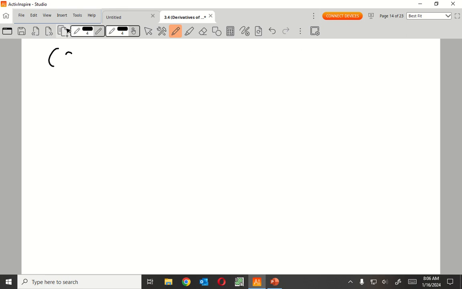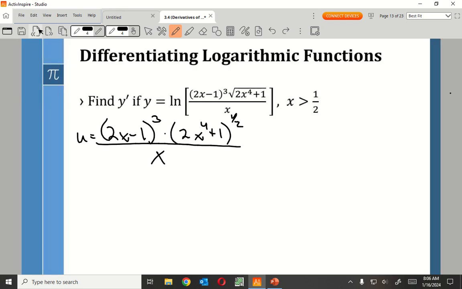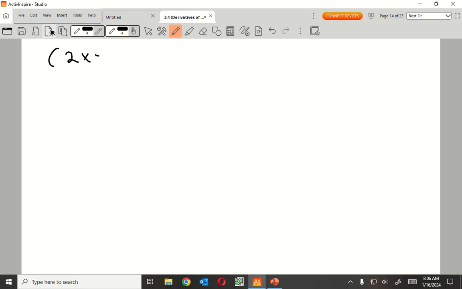So we had 2x minus 1 to the third, right? Fourth? Okay. No worries. So I'm going to just keep that right there. And so let's do the derivative of that, because I'm going to need the product and the chain rule.